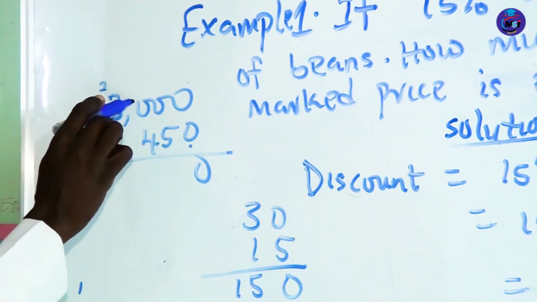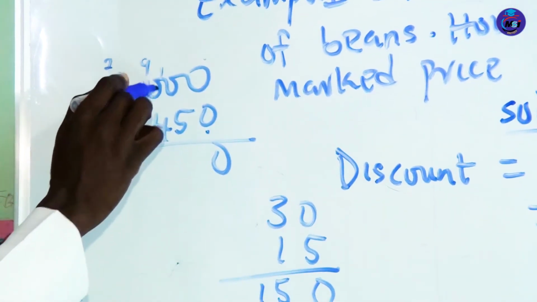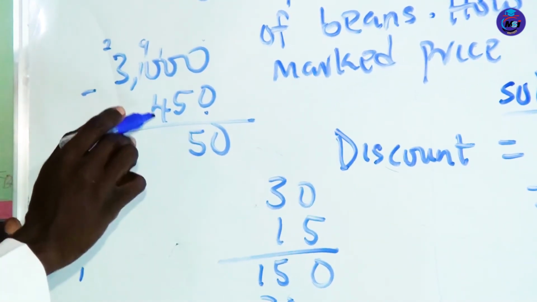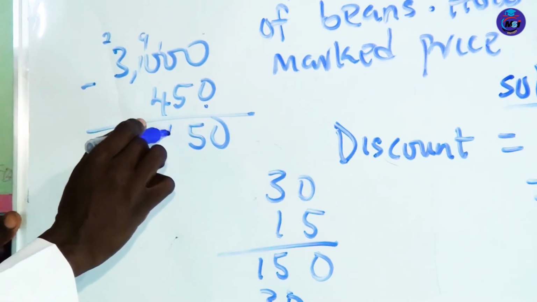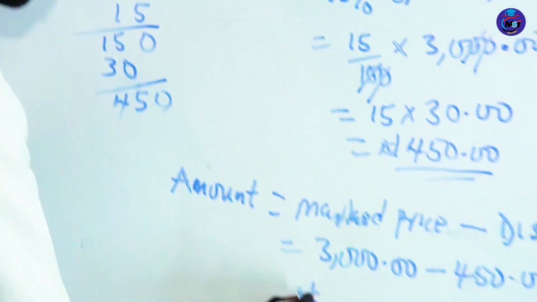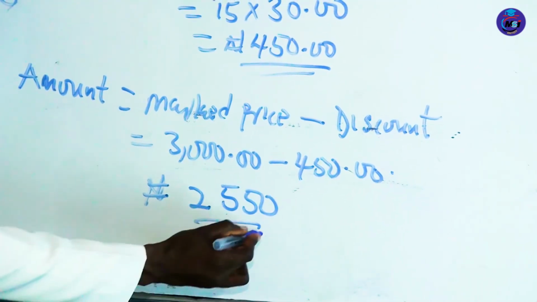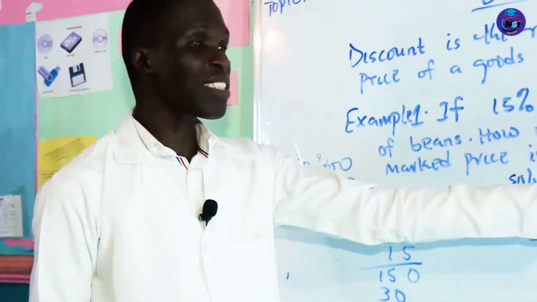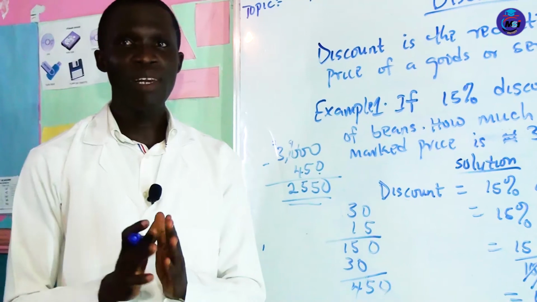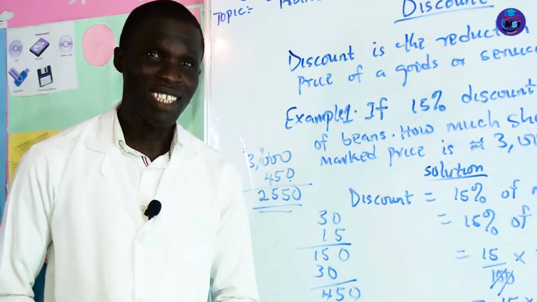You get 1 from here. Put it here. This one will be 10. Borrow 1, 9. This one will be 10. 10 minus 5, 5. This one is no more 10, it's 9. 9 minus 4 will give us 5, and we have 2. So, he's going to pay 2,550 naira. So, I'm not going to pay 3,000 again. I'm going to pay 2,550 naira.